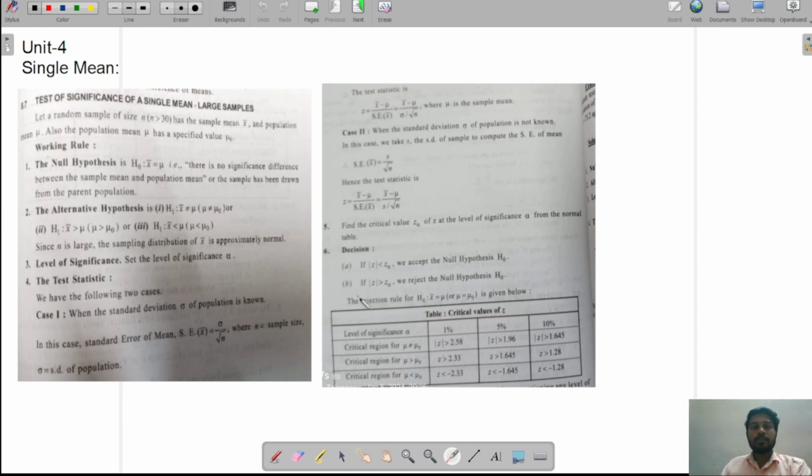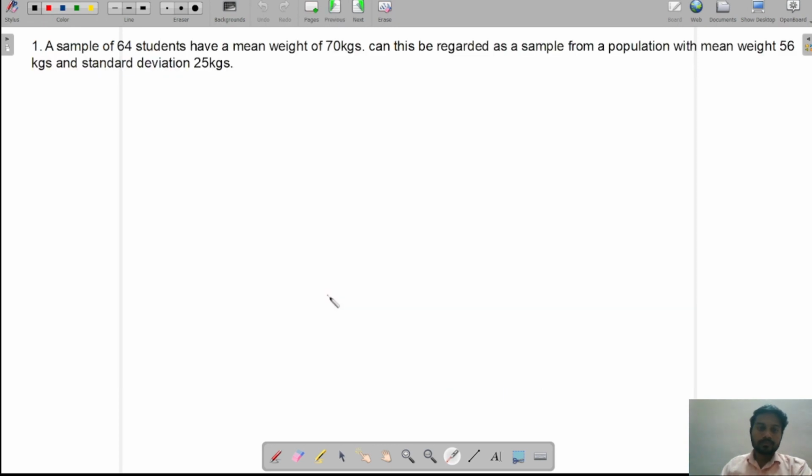So let's go to the first question of the single mean. What is the first question here? A sample of 64 students have a mean weight of 70 kgs. Can this be regarded as a sample from a population with mean weight 56 kgs and standard deviation 25 kgs?